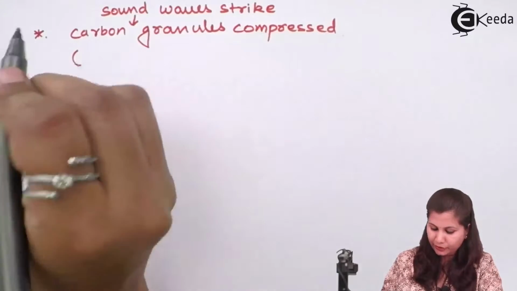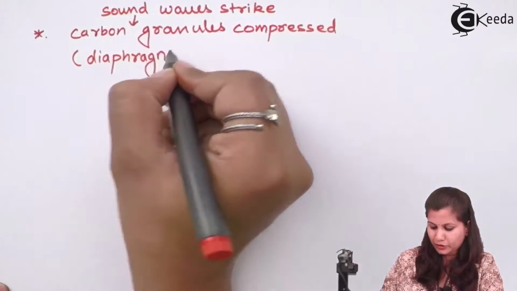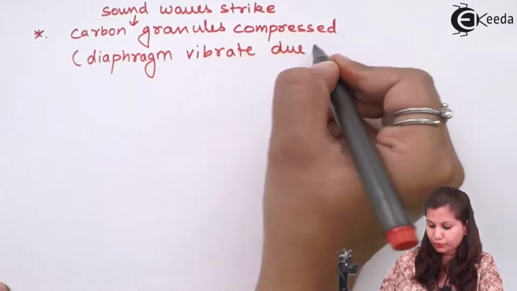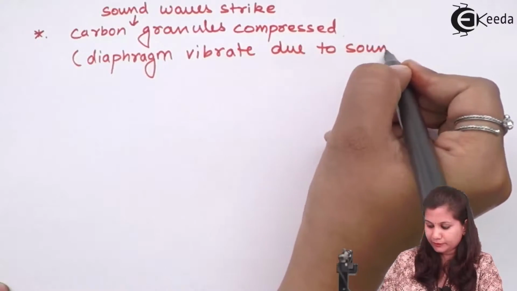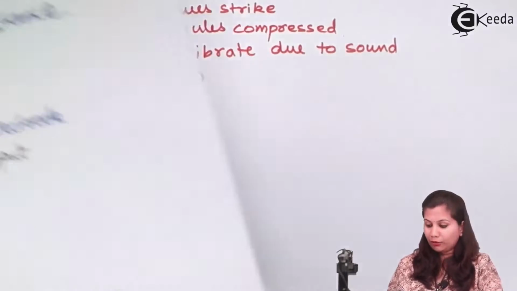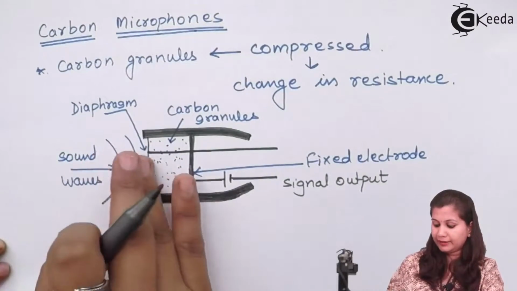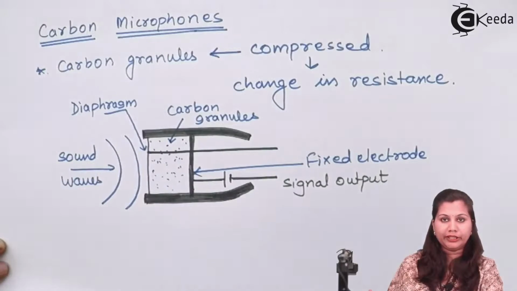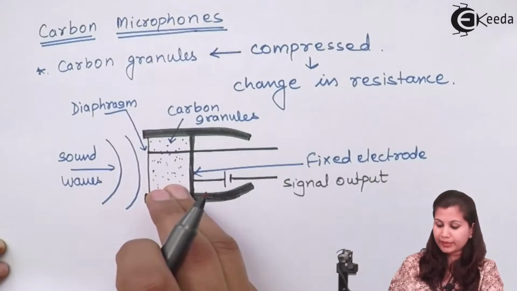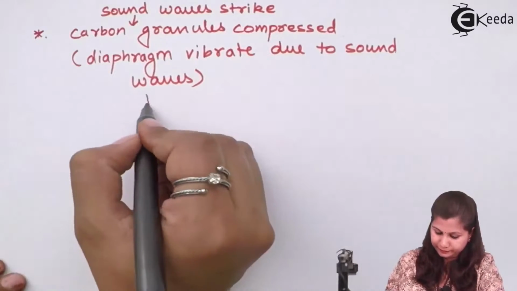They are compressed because the diaphragm is going to vibrate due to the sound waves. So when sound waves strike, the diaphragm vibrates, the sound waves are converted into pressure waves, and due to that the carbon granules are compressed. So there will be a change in resistance.